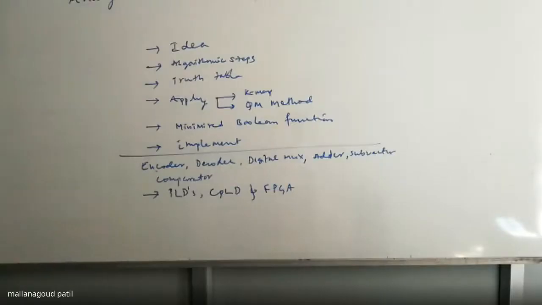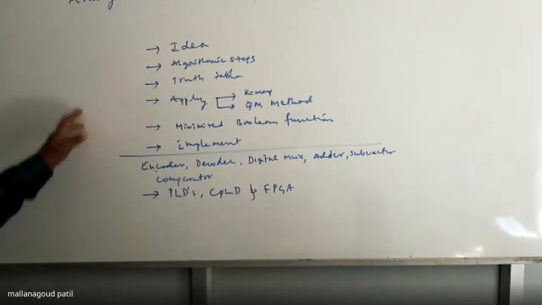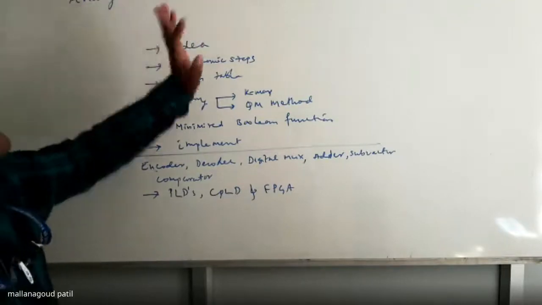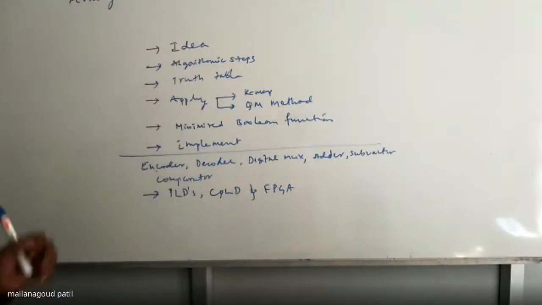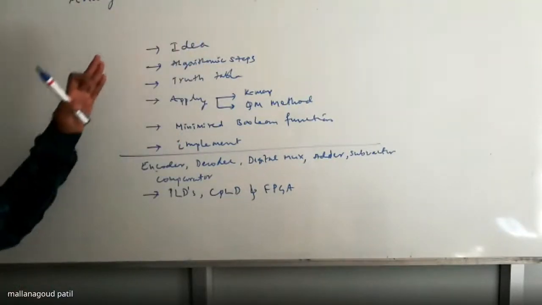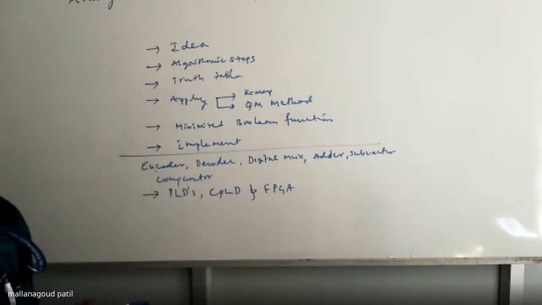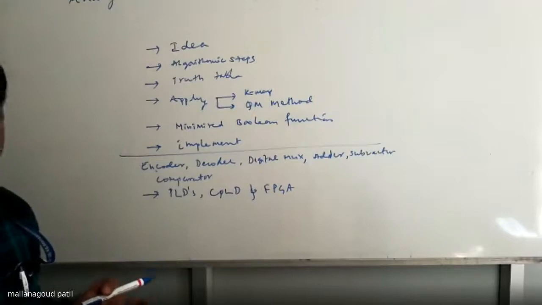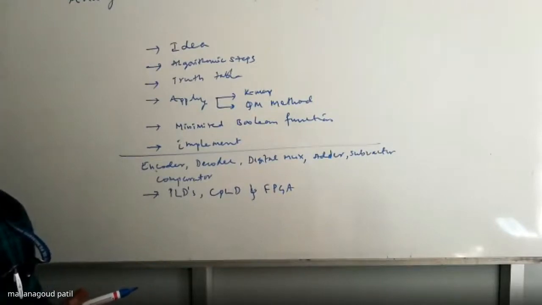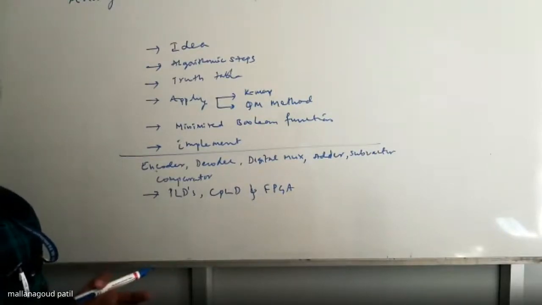Okay. Now, whenever you have a problem, you have to communicate. This is the syllabus in module 2, analysis and design of combinational logic. First we will look at one simple example which relates to module 1, where you have already applied the function using the K-map as well as the QM method.